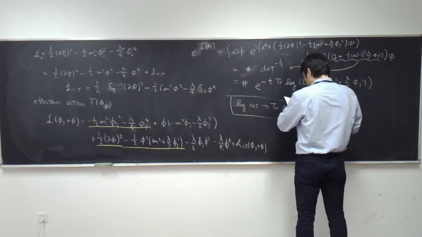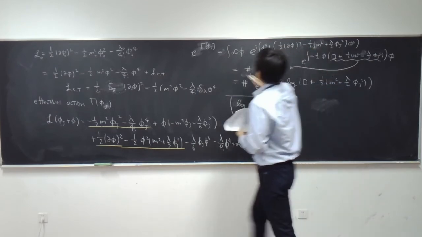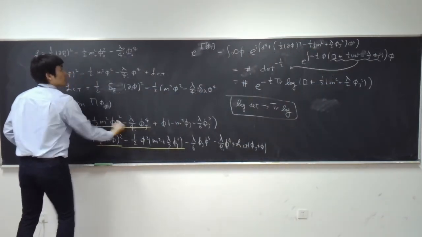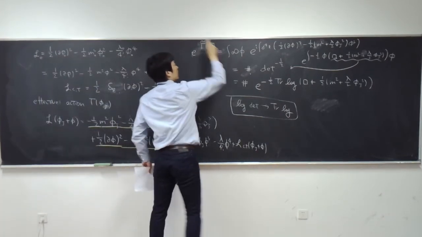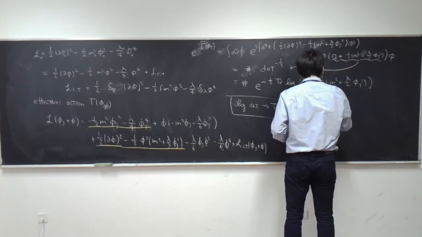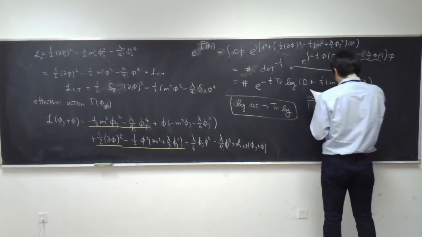Later I'm going to include this contribution, so let's call it gamma tilde. Gamma tilde of phi_j can be written as follows.